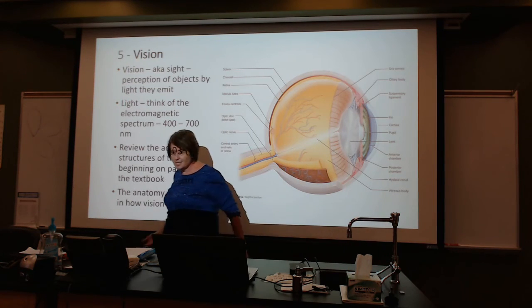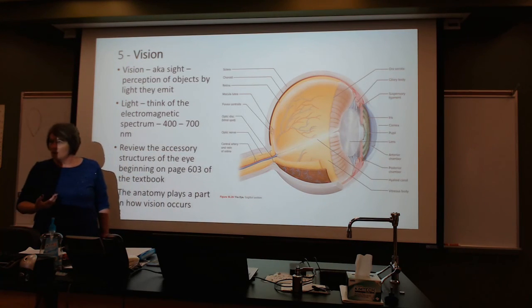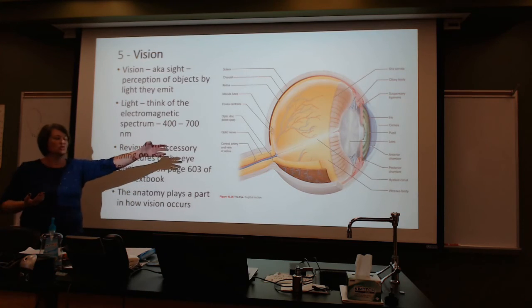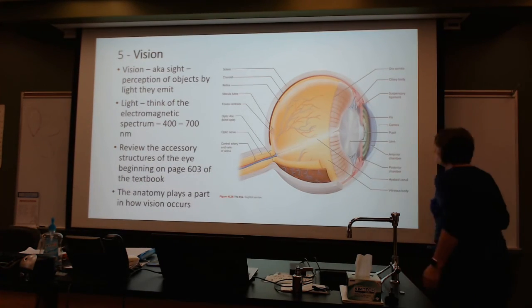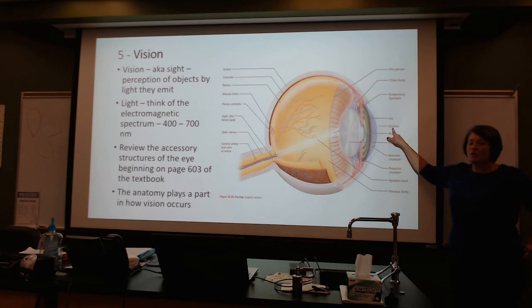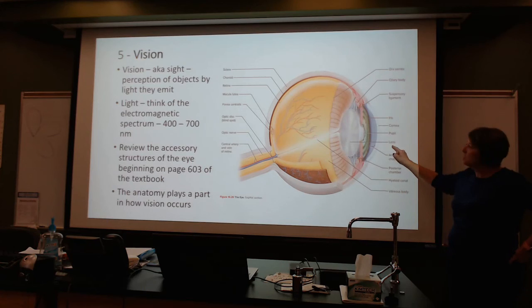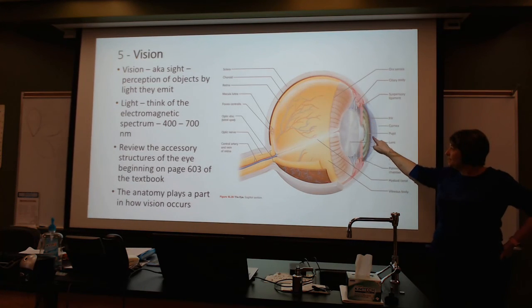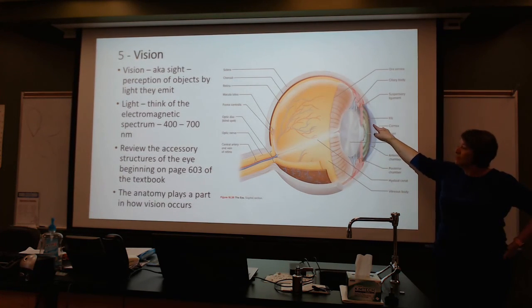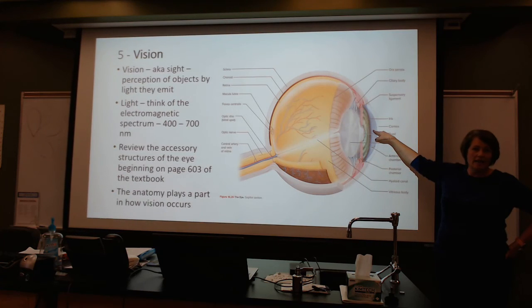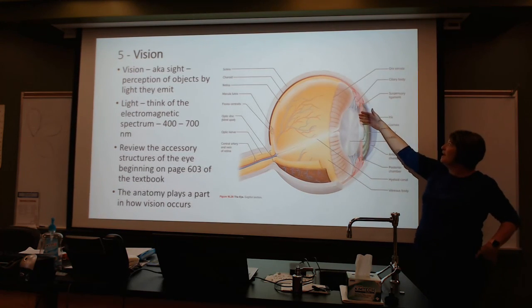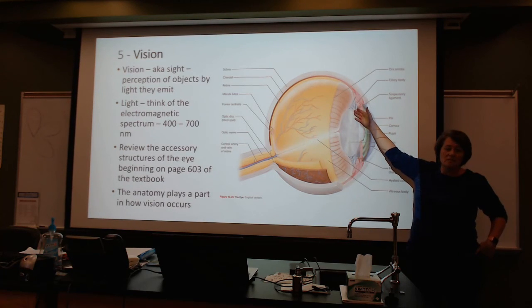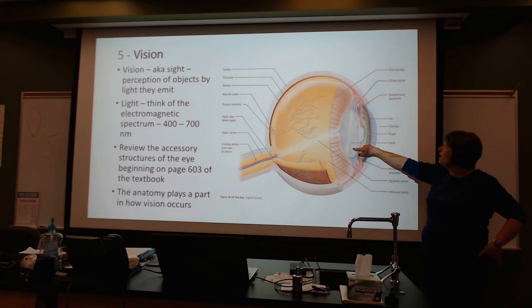So the structures of the eye that are going to be important: we've got the cornea, the pupil, the lens. We're going to be dealing with this fluid in the anterior chamber. We're going to find that we've got all of these little ligaments attached to our lens.